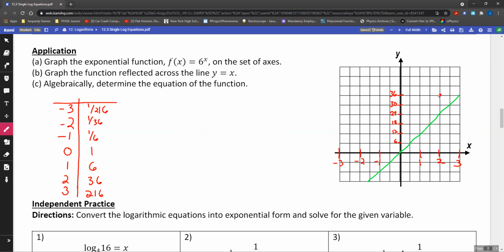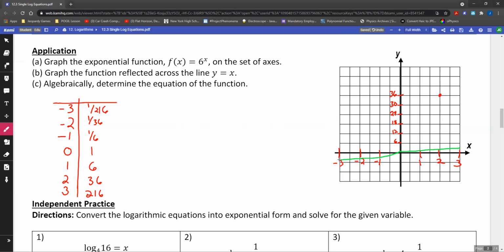When x equals 1, it's equal to 6. Actually, I just realized that the line that I drew isn't going to be super accurate. Let me fix that. Yeah, that's as good of a line as I could draw.